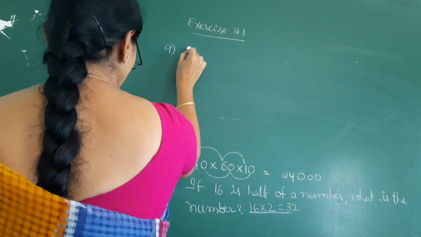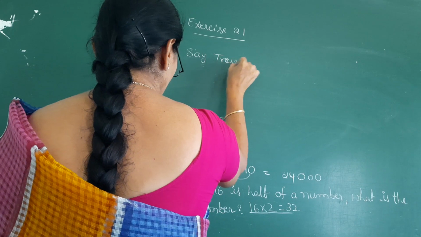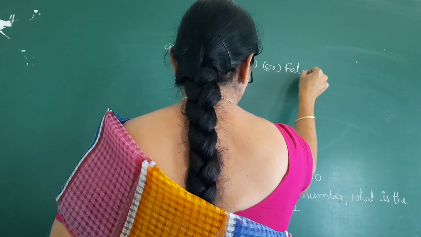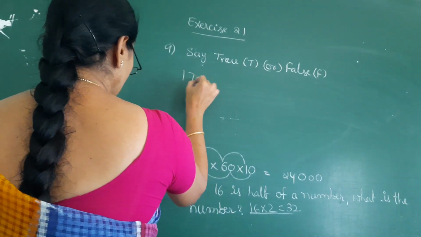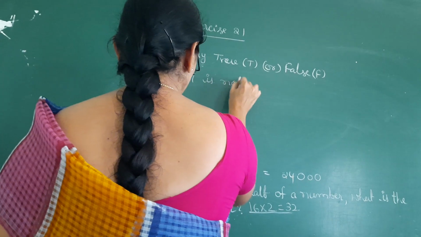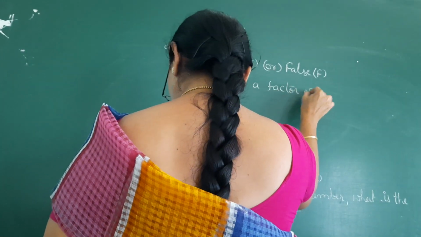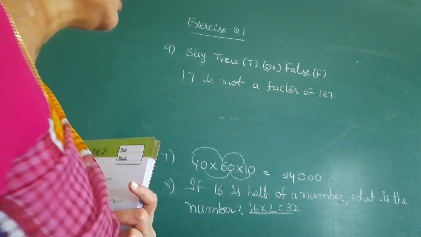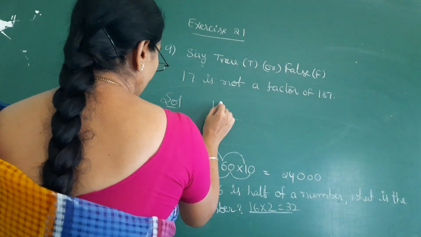See the ninth problem. Say true or false. 17 is not a factor of 187. Factor means it completely divides the given number. Here the given number is 187.